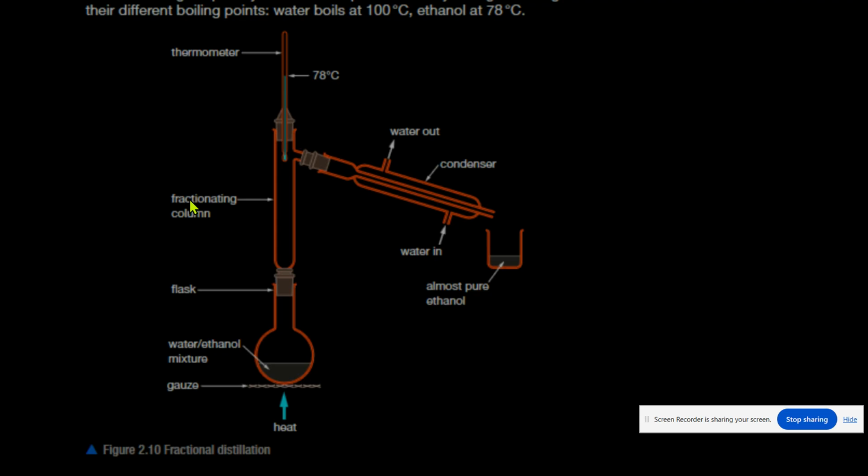And when it goes through the fractionating column, it makes sure that it's mostly pure ethanol. It's not exactly going to be pure. As I said, the gases are random, so there might be a little bit of water inside the ethanol depending on the capacity, but most of the ethanol will come out and most of the water will stay here. Okay.